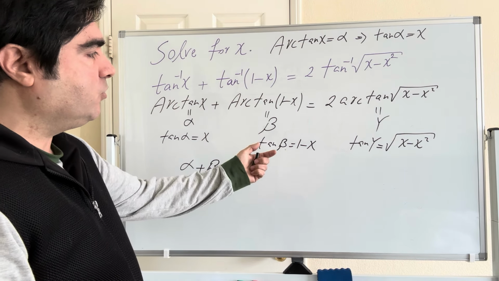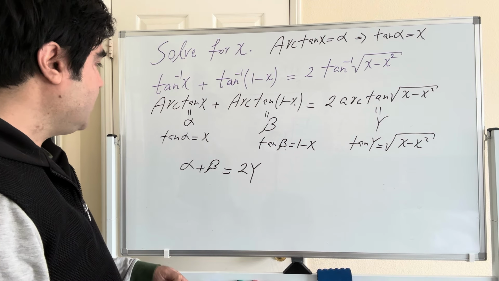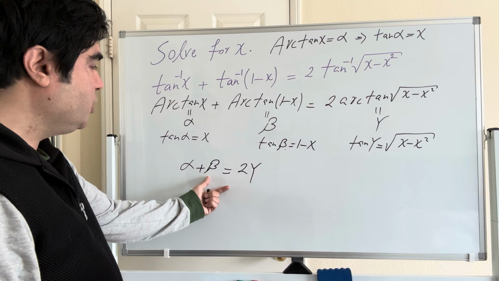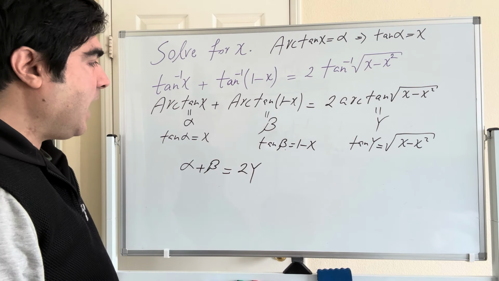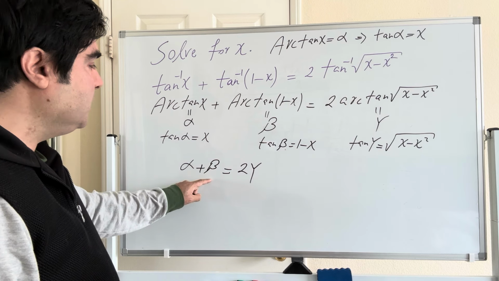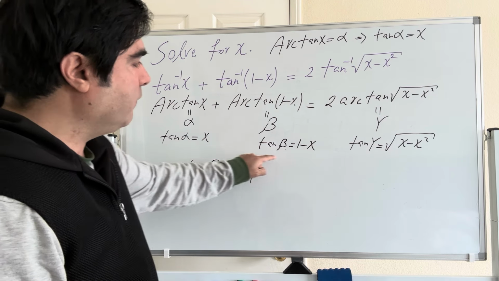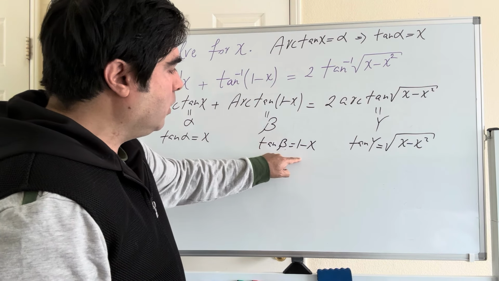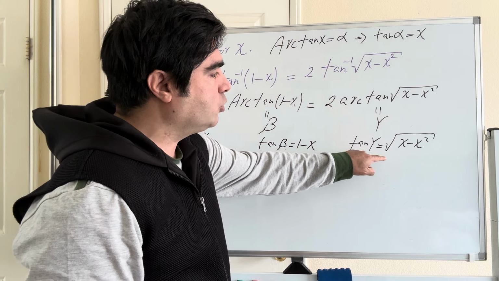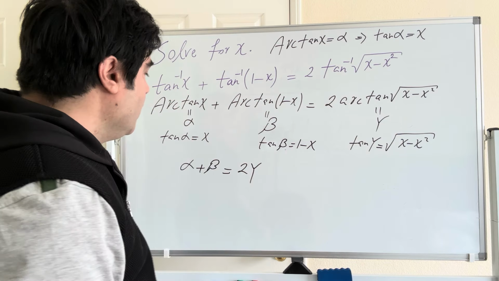What are these relationships telling us? Well, with the relationship that I have here, alpha plus beta equal to 2 gamma, I have to manipulate this equation in order to use these above relationships: tangent of alpha equal x, tangent of beta equal 1 minus x, and tangent of gamma equal to the square root of x minus x squared.